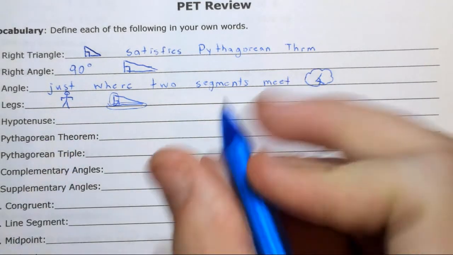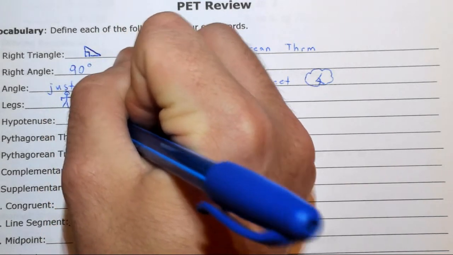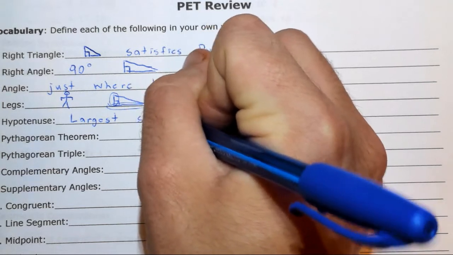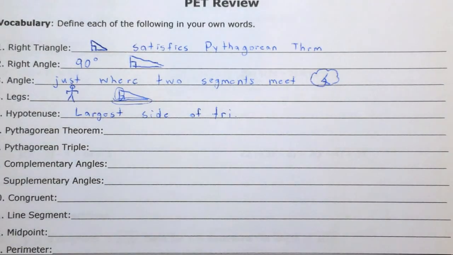The hypotenuse. Well, the hypotenuse is the largest side of a triangle. I'm abbreviating triangle with try. You should probably try to figure out what a triangle is. Wow, that was real bad.